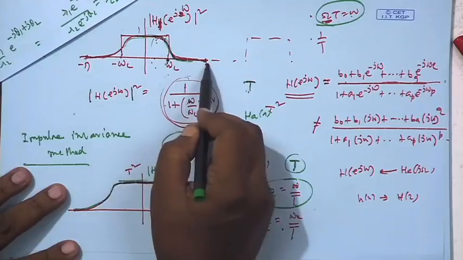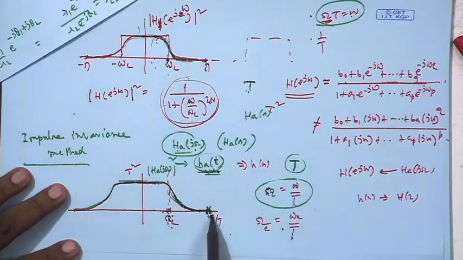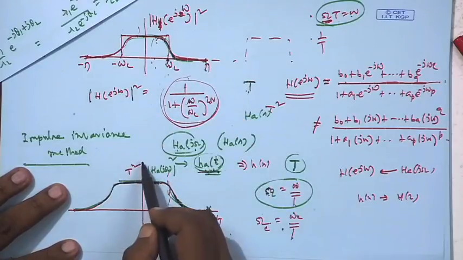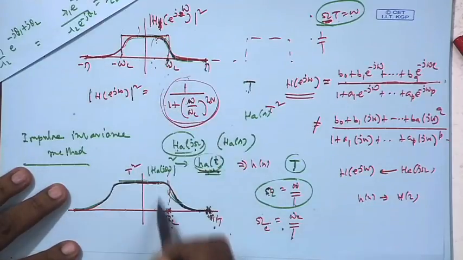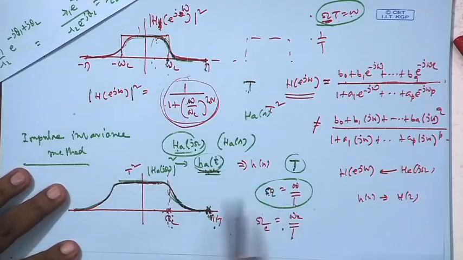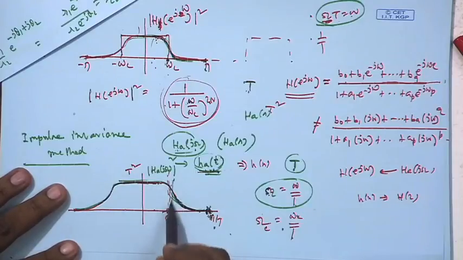It was going down to 0 before reaching pi, here also it will go down to 0, height will be T square. And if it is of this shape, the shape will be same. So, this will be Butterworth again. So, you are designing now an analog Butterworth filter of cutoff frequency capital omega c and order n.